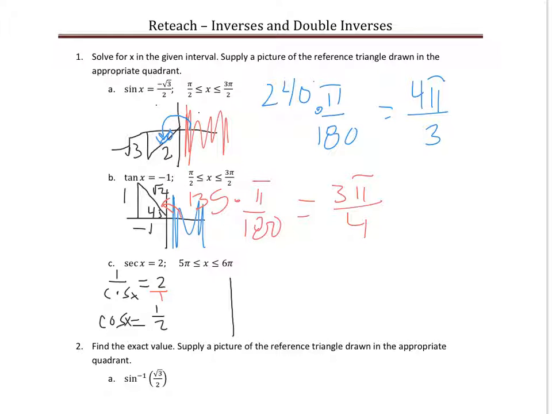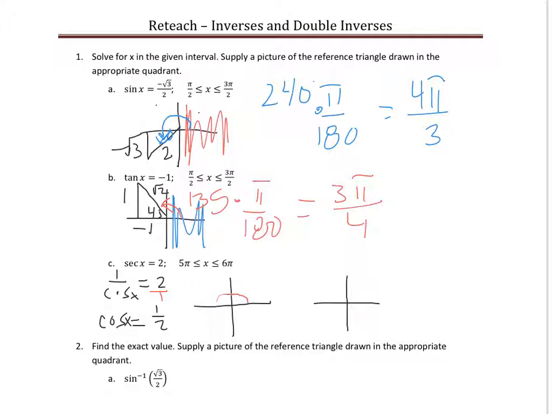This one's a lot more confusing because I'm in between 5 pi and 6 pi. So I'm actually going to draw two separate coordinate grids. Now first I'm going to try to figure out what coordinate grid between 5 and 6 pi is. So if I start here, I'm going to see how many circles I do.